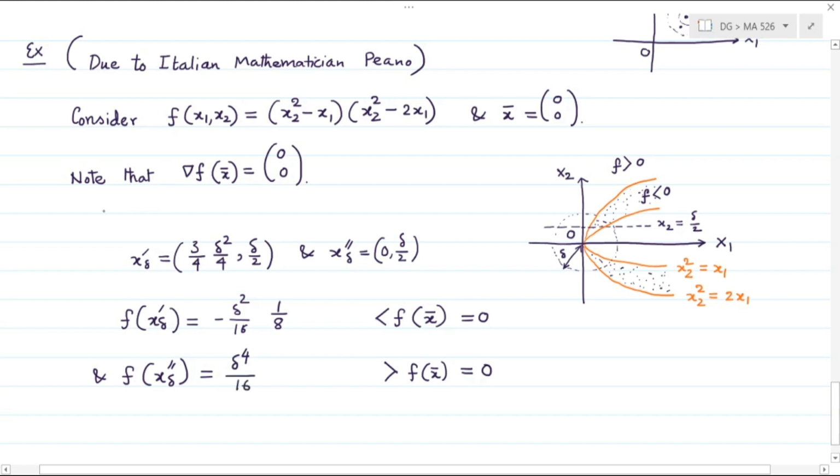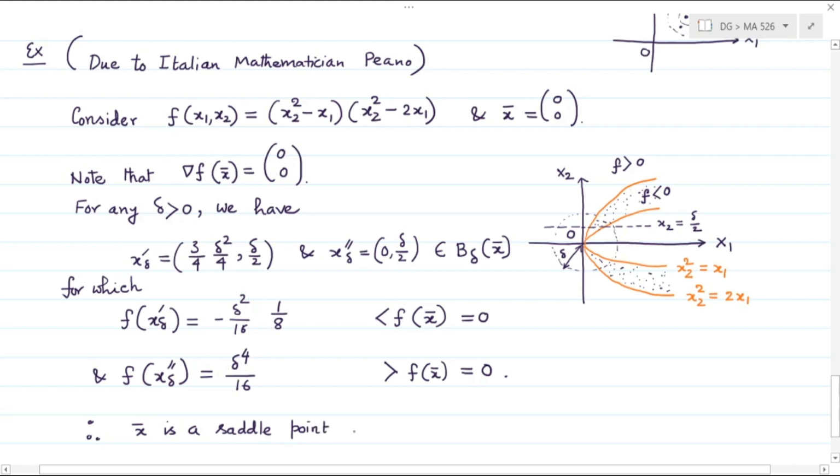So for any delta greater than 0, we have these two points belonging to the B delta neighborhood of the point x bar, for which this and this hold, right? And therefore x bar is really a saddle point of the function f.